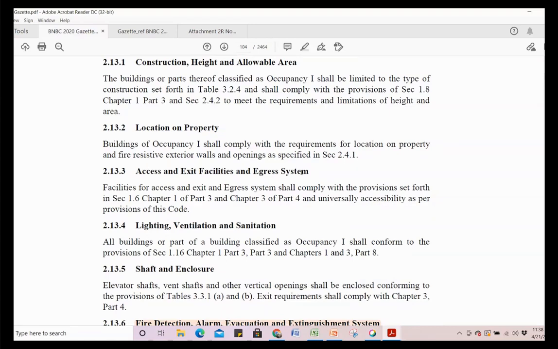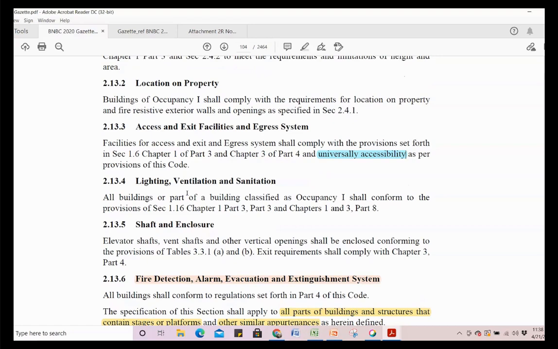Access and exit facilities and egress system also refer to similar references. Although there is one special point here, that universal accessibility as per provision of this code has to be ensured. Maybe there are other areas where this clause is there. It is intermittently on and off for particular occupancies.